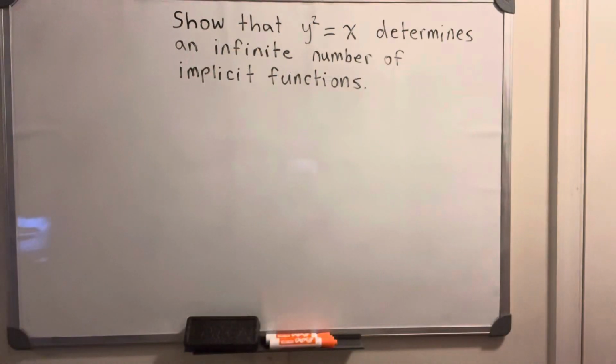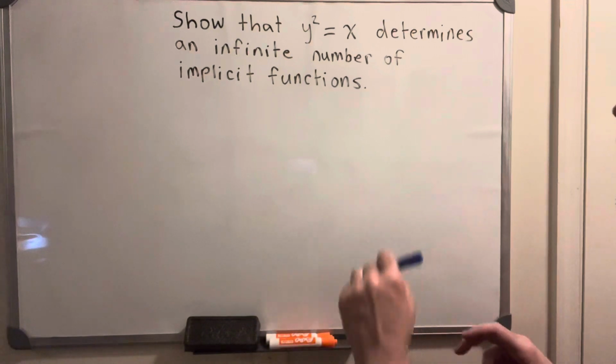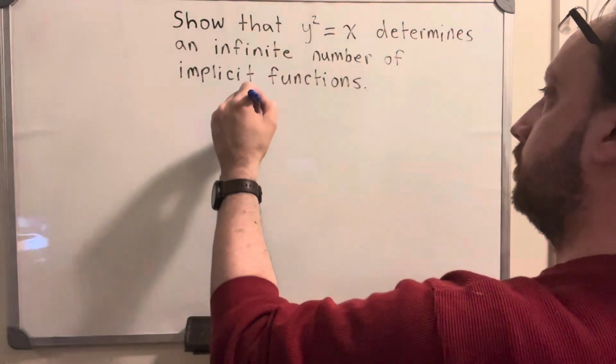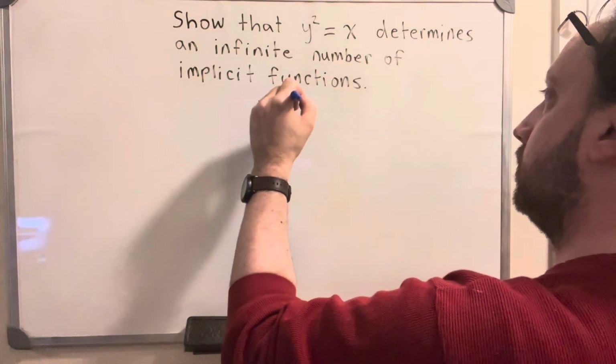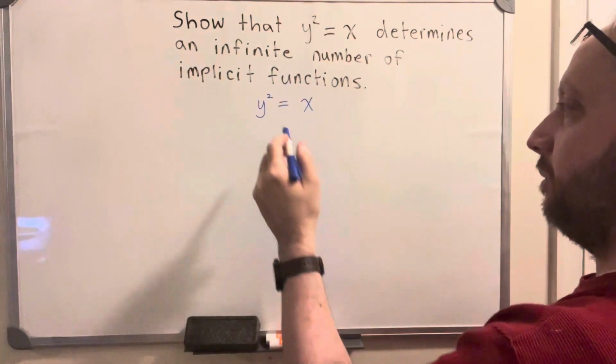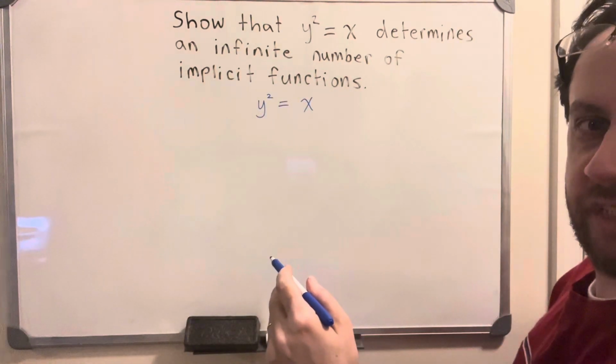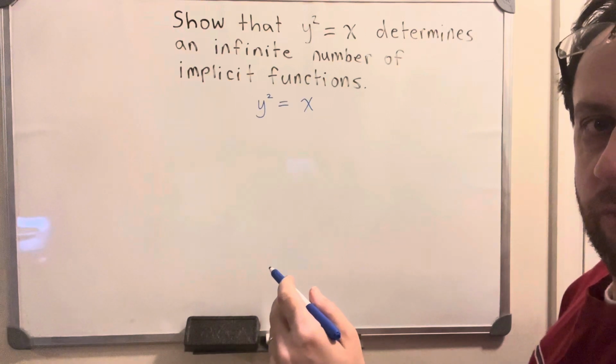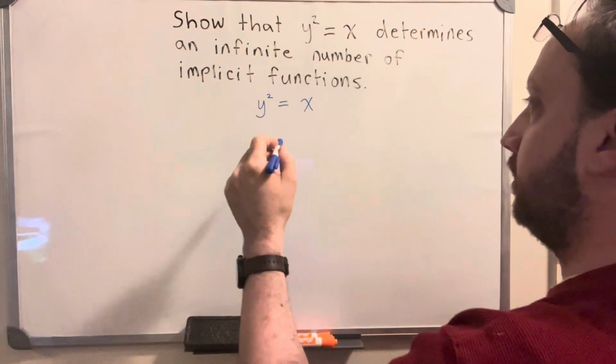This problem says show that y squared equals x determines an infinite number of implicit functions. So let's use the technique of taking the derivative of both sides with respect to x. So we have y squared equals x. What happens if you differentiate both sides with respect to x?